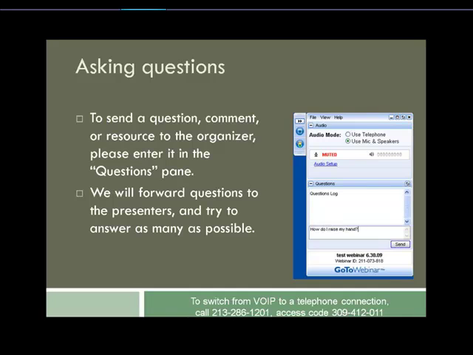A little more visual is the diagram on the right side of your screen. When you want to ask a question, make a comment, or even suggest a resource to the organizer, enter it into this question pane, and we'll forward the questions to the presenters and try to answer as many as we can.